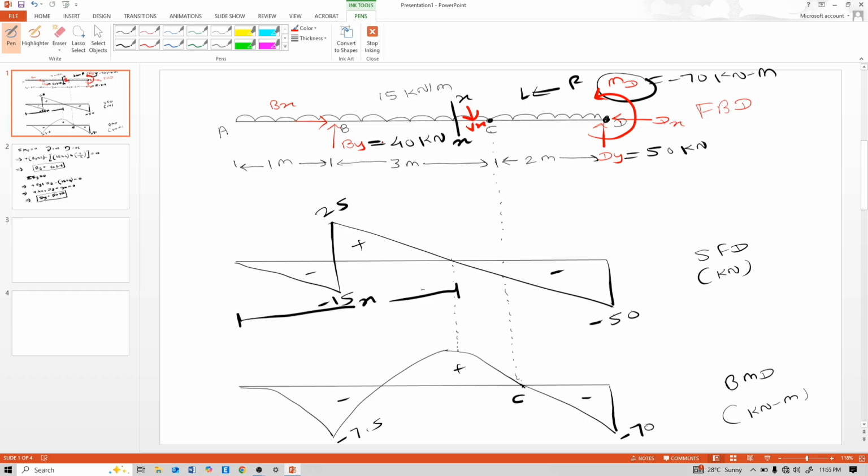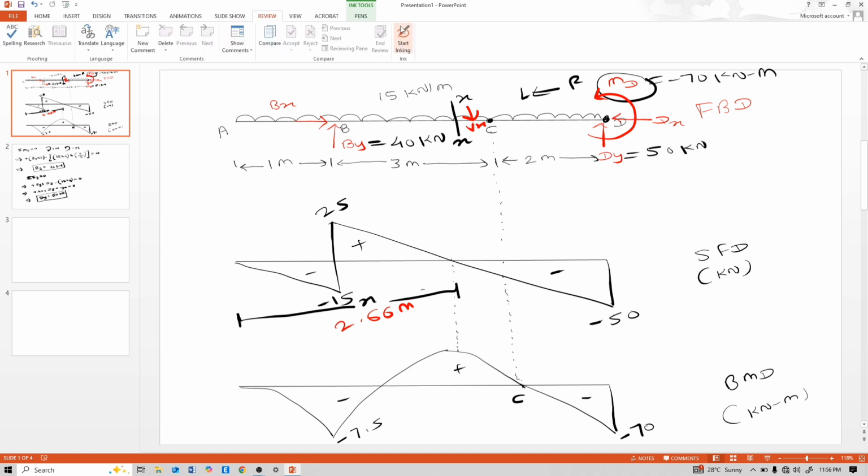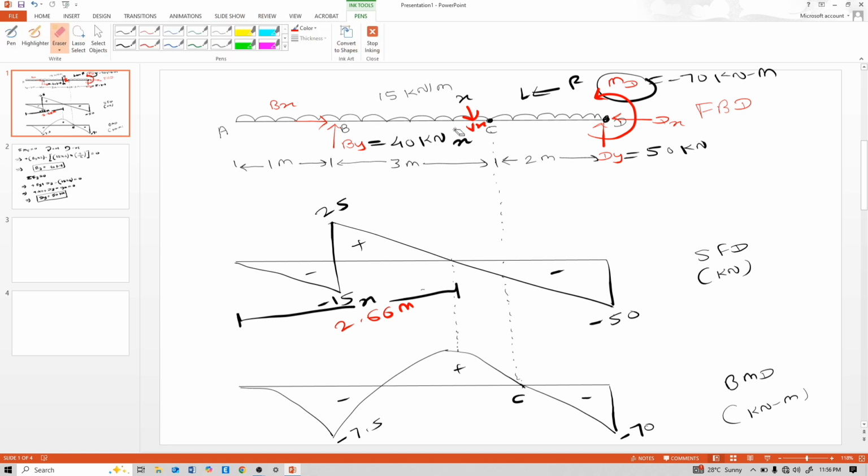So this B_Y is upward, so positive 40, so minus 15 into x, consider this distance as x, and this minus V_x goes to this side, equal to 0. So x is 2.66 meter. Calculate moment for 2.66 meter is positive. Wait, need to calculate it properly.